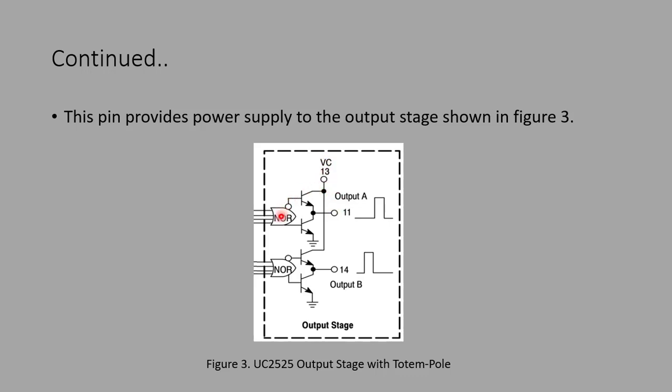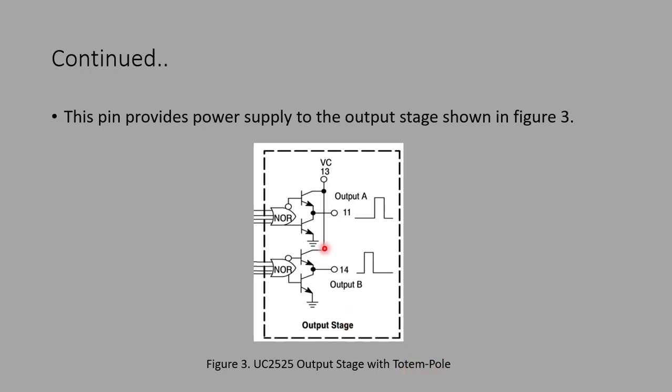As you can see in this diagram, there are transistors. They are complementary transistors with the same power levels and voltage levels. This arrangement is called a totem pole.